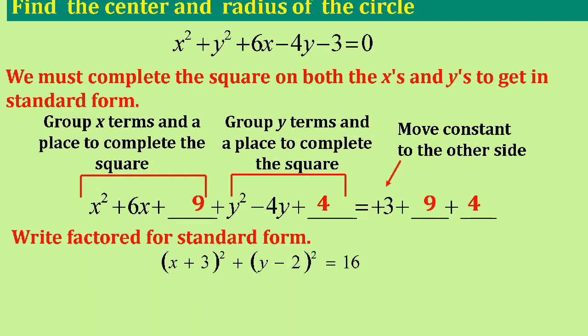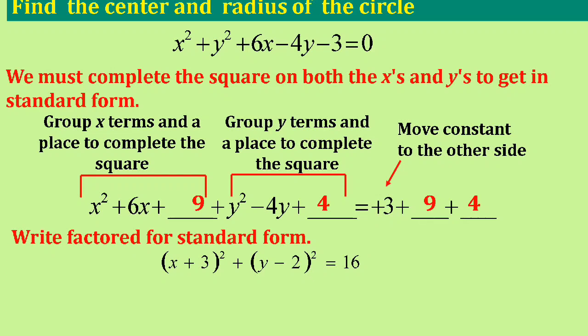From here, we have the quantity: square root of x squared, that is x, square root of 9, that is equal to 3. Copy the sign of the middle term, that is plus, squared. Continue, we have square root of y squared, that is y. Copy the sign of the middle term, that's minus. Then we have square root of 4, that is equal to 2, squared.